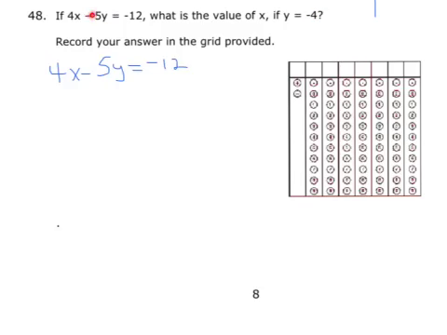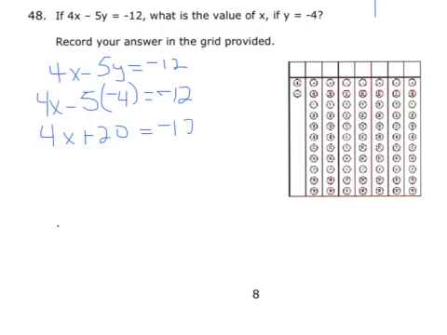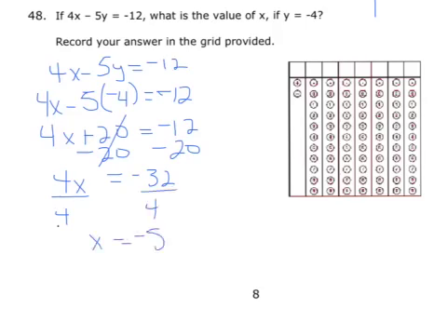So we have 4x minus 5 times negative 4 equals negative 12. 4x plus 20 is equal to negative 12. We're going to get x by itself. So 4x equals negative 32. Divide by 4, and we get x equals negative 8.